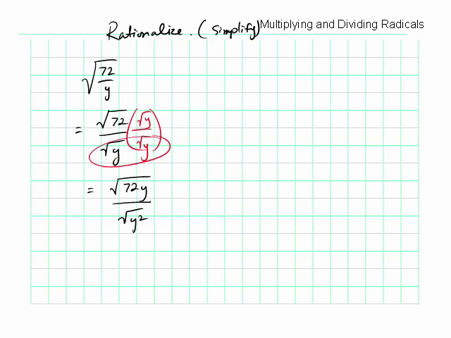And notice that a y times a y is a y squared. That is a perfect square. That's the goal here. Perfect square. Assuming everything's positive, the denominator is just y. The square root of y squared is just a y. I can simplify the numerator a little bit. 72 is 36 times 2.